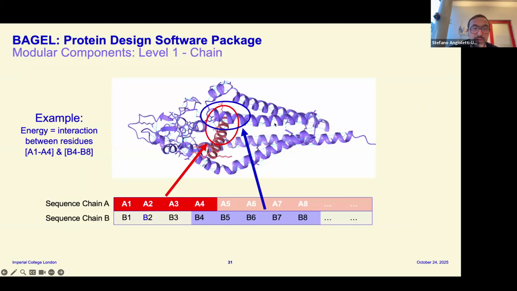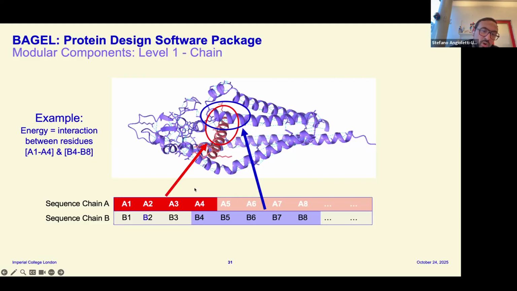Let me give you an example. If I have to design a protein binder, I have my sequence chain A, and I can say one energy term is the energy of interaction between the amino acids A1 to A4, which in this case would correspond to this region, with the interaction with what?